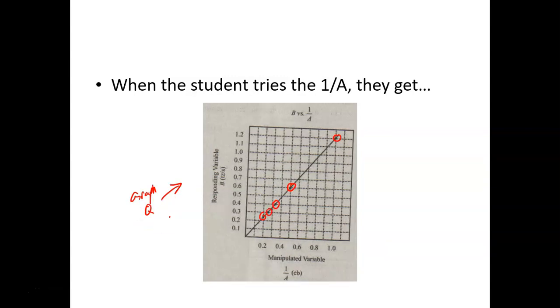Given these two, we can figure out that the relationship is y equals 1 over x. Y is the value of B, and 1 over x is 1 over A. The relationship has a slope, and we don't have any y-intercept because the y-intercept is just 0.